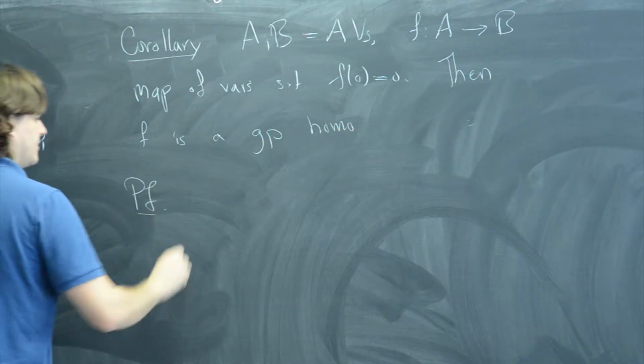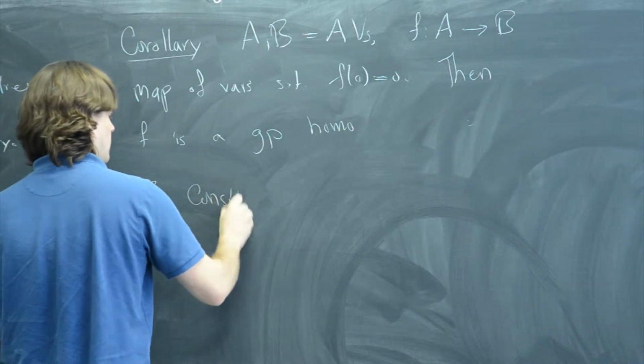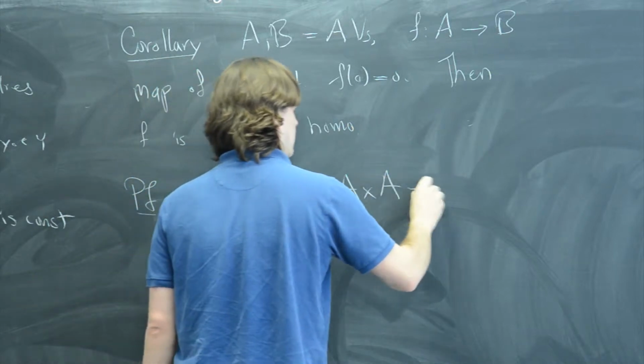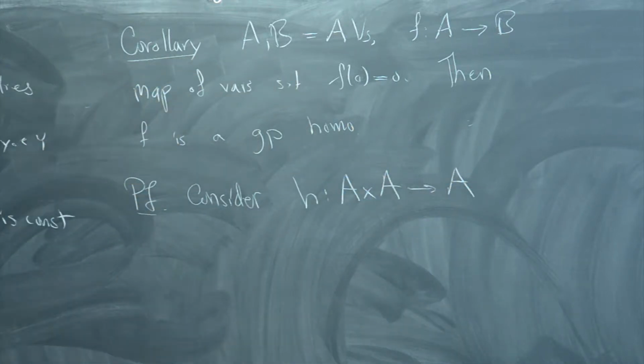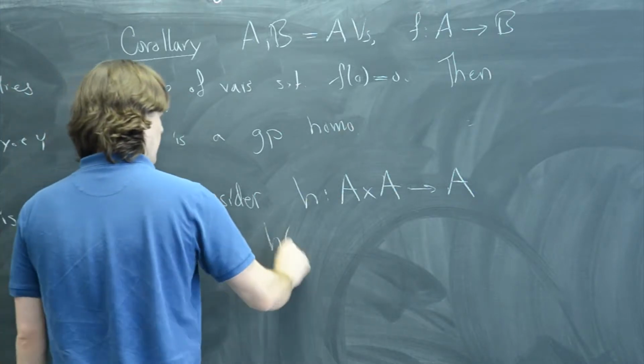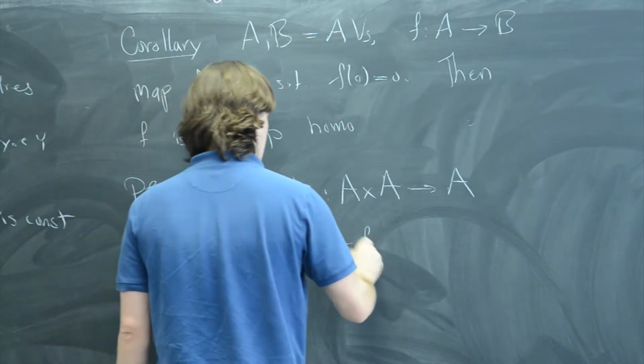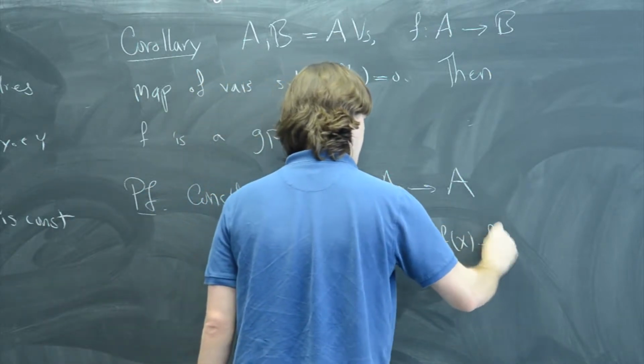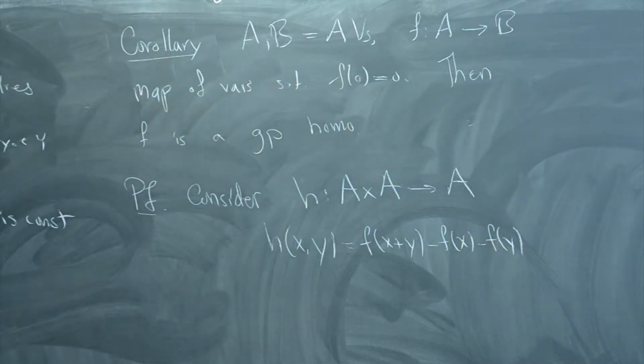And the proof is just to consider the map, I'll call it H, from A times A to A, which is the discrepancy of f to be a homomorphism. So H of x, y, I'll define to be f of x plus y minus f of x minus f of y. We don't know yet that A is commutative, but I'm still using additive notation for the group law.